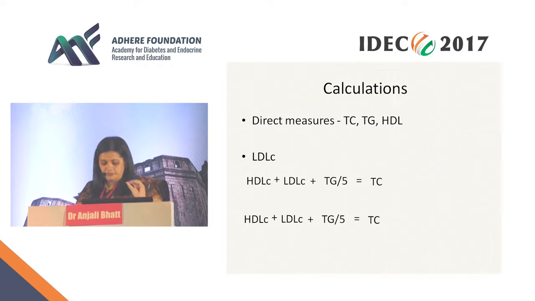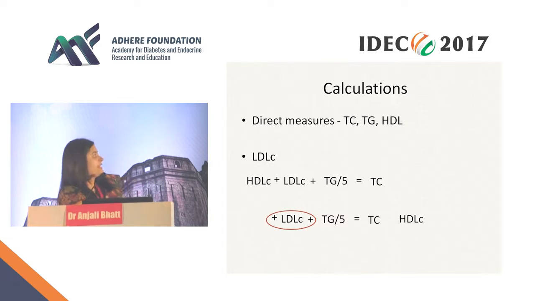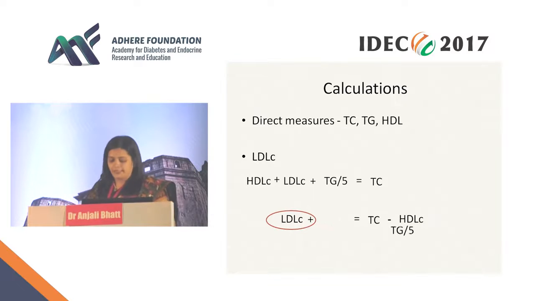So the VLDL is replaced by triglyceride divided by 5. Now I have in my equation all the parameters which are directly measured. I have total cholesterol, I have VLDL or TG by 5, and I have HDL. Now I just have to calculate LDL.